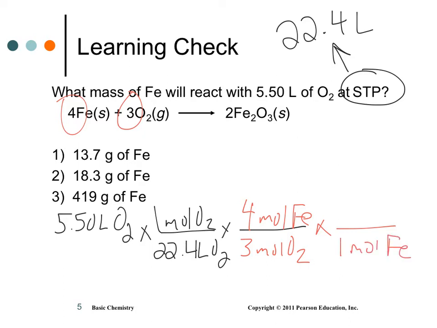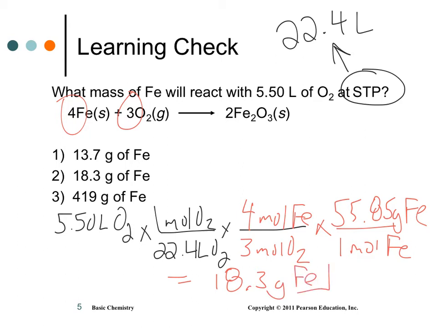I like this problem a lot better than having to put it back into the PV equals nRT. So I got 55.85 grams of iron, which is going to give me 18.3 grams Fe. I'm going to box my answer because I'm a good student, but I have to go back and check. Did I get it right? I'm going to go with number 2.